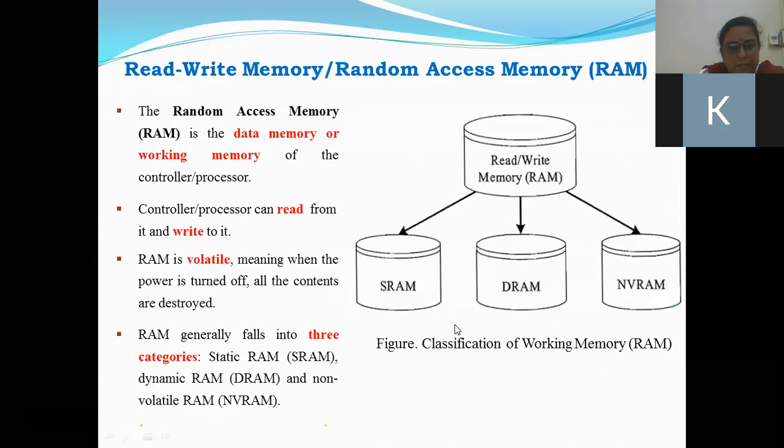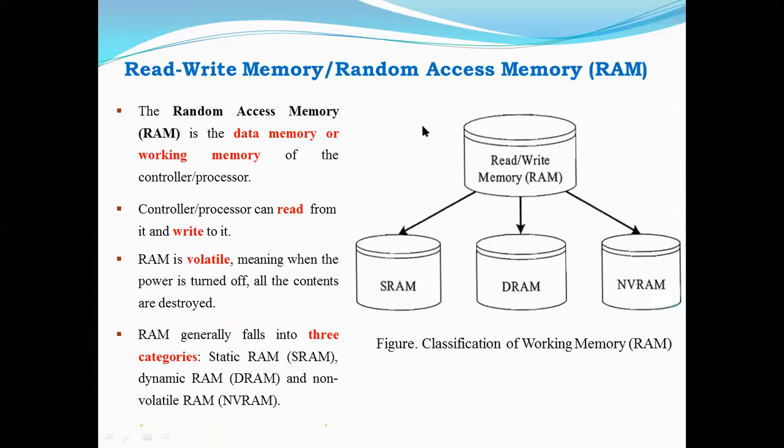Okay. So next we are going to see the read-write memory, or the random access memory. For an embedded system, random access memory plays a very important role, right? It stores the data, but the random access memory is a volatile memory. That means when you turn off the power, whatever contents are in the random access memory will be deleted.